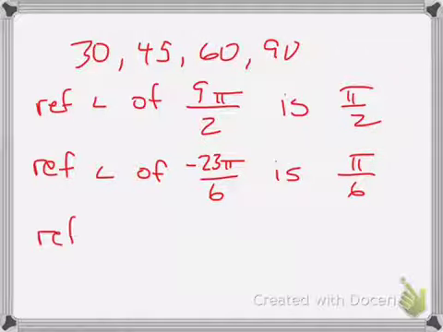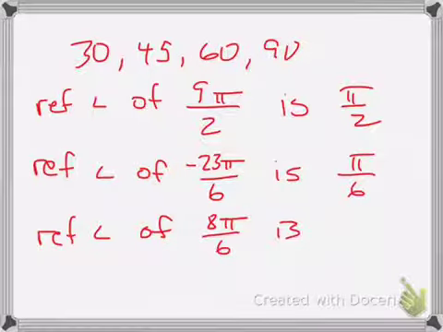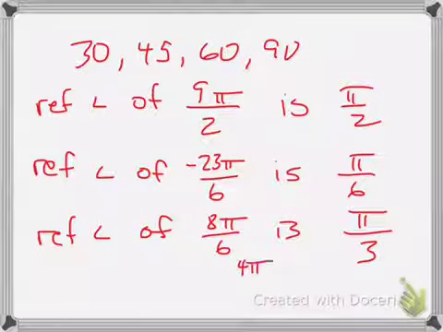The reference angle of 8 pi over 6 is, why is it pi over 3? Because the fraction is not simplified, right? 8 pi over 6 is 4 pi over 3, so the reference angle is pi over 3. So you're going to love radians eventually because of this. This is what makes radians so much easier to work with than degrees. The reference angle is right in your face.